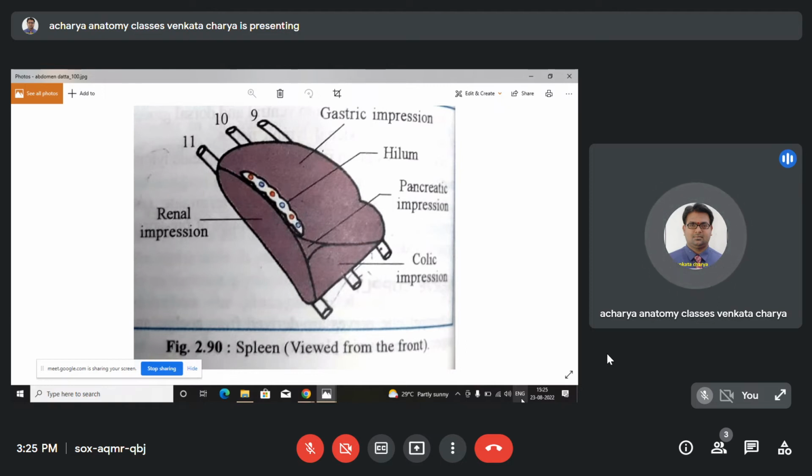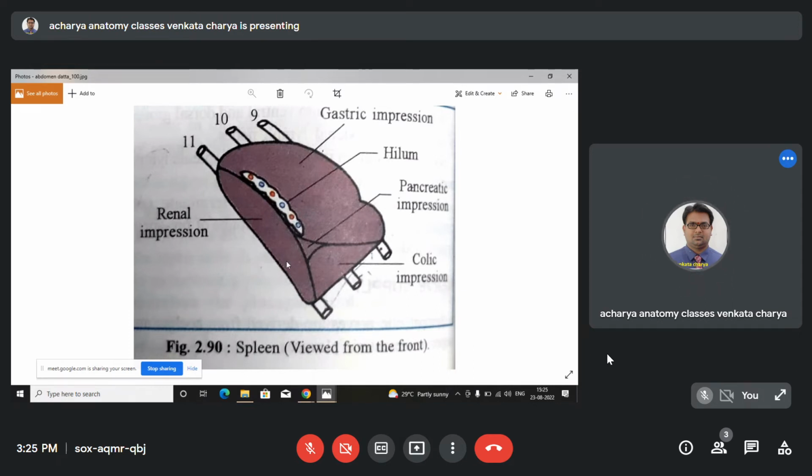There is a presence of three borders. Number one, superior border, inferior border, and intermediate border. See here, this one is the superior border, this one is the inferior border, and this one is the intermediate border.